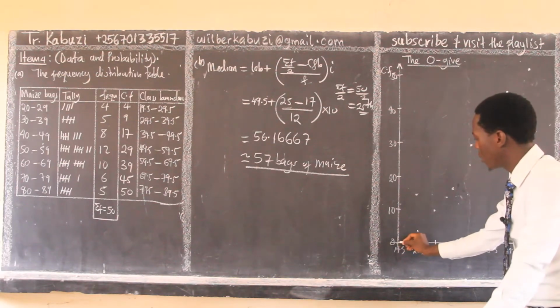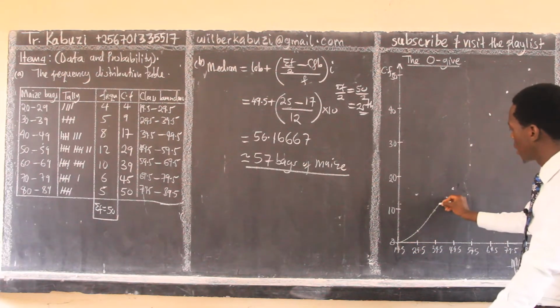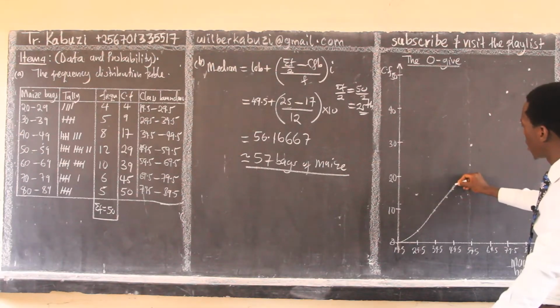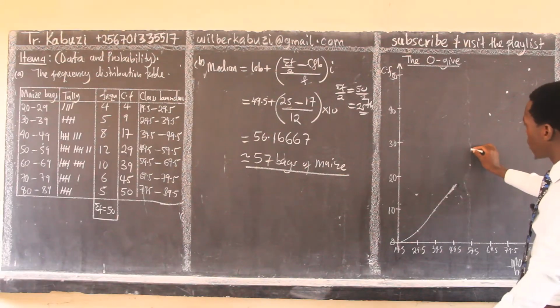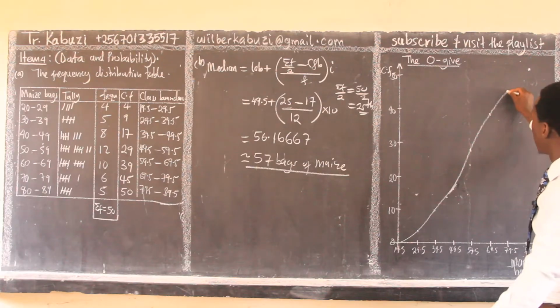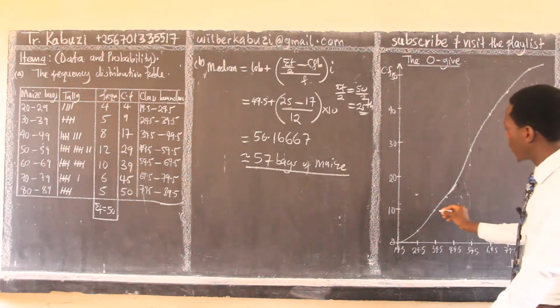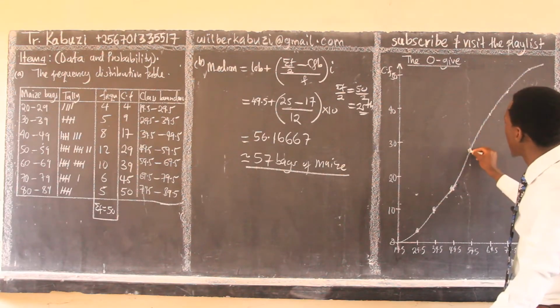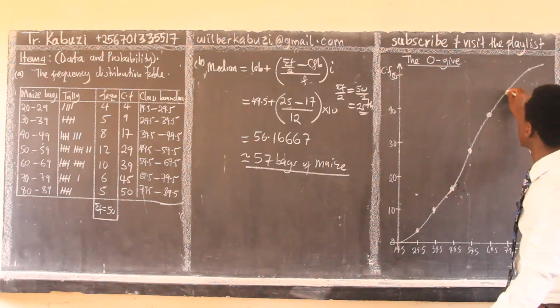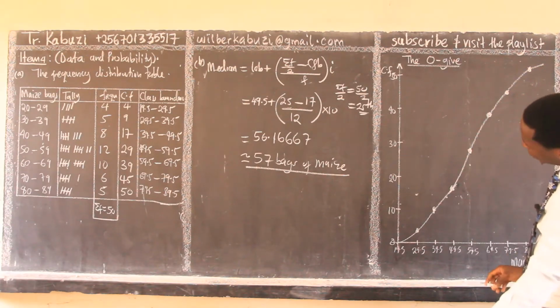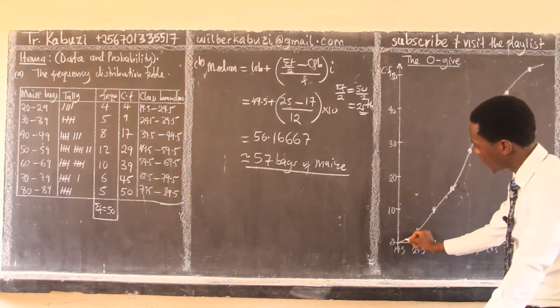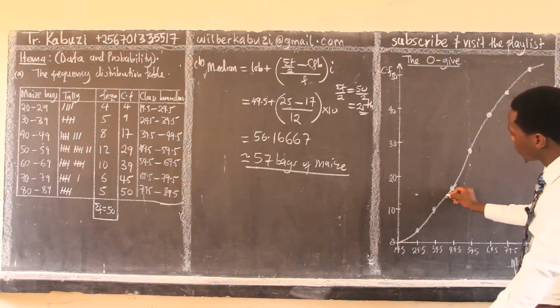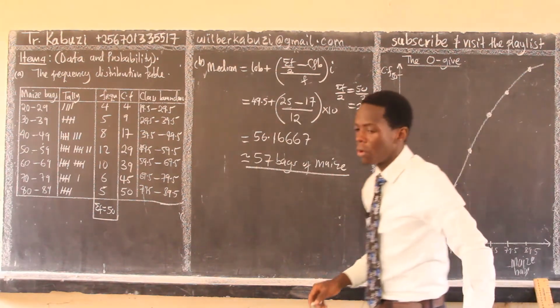We said we join the ogive using a free hand properly. So you see my curve, this one's supposed to be around there. Free hand there. Okay, so that is my ogive. These are the points here. Sometimes you can use a star, sometimes you can use dots like you see I'm using there. So that is my ogive. So we join it using a straight free hand, no ruler.